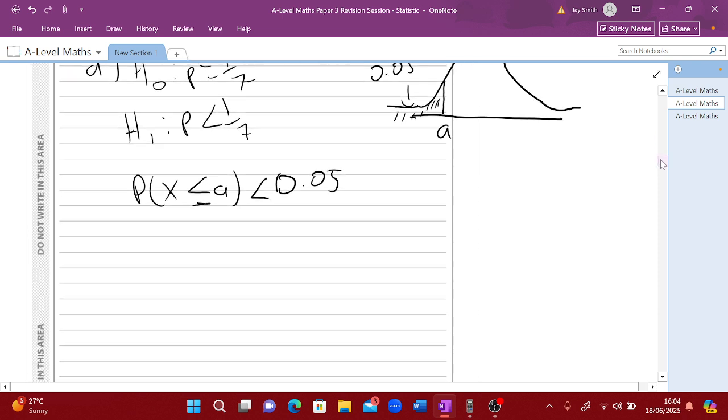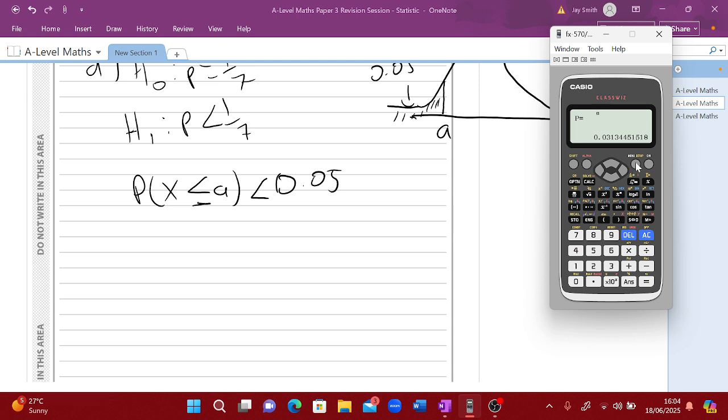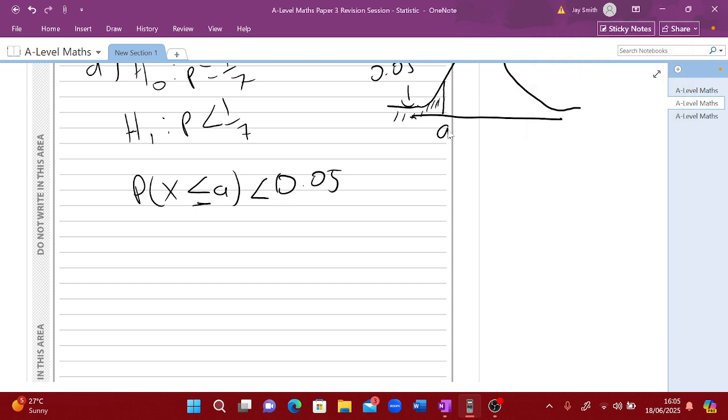But then what we're going to do is use, obviously, the calculator, binomial CD, and then we're going to start just testing some values of A, or X, sorry. I'm going to start with 1. That's a small number. Start small. I need to state my binomial, don't I?